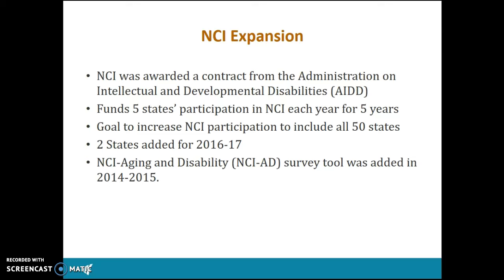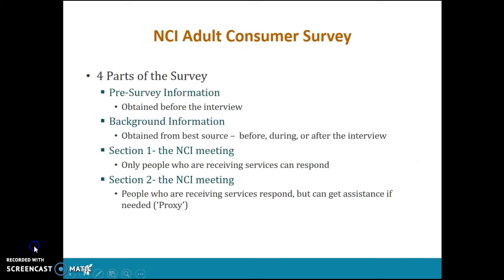The goal was to increase participation to include all 50 states, which we are pretty close to hitting. We added 2 new states for 2016-17. And a couple of years ago, we added a whole new project to National Core Indicators, which is NCI for Aging and Disability. This tool was added back in 2014-2015.